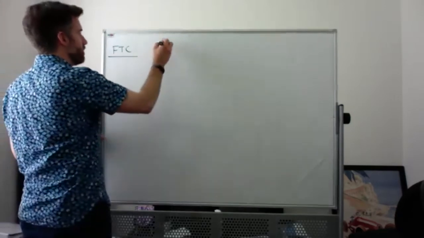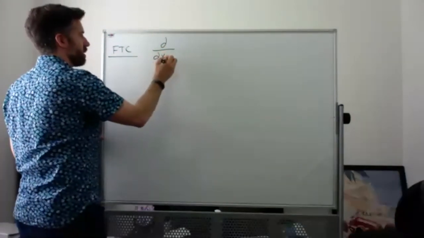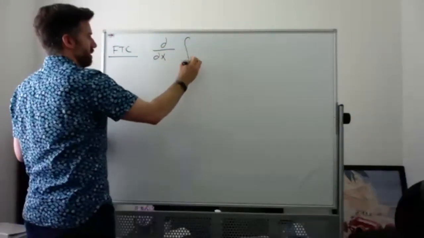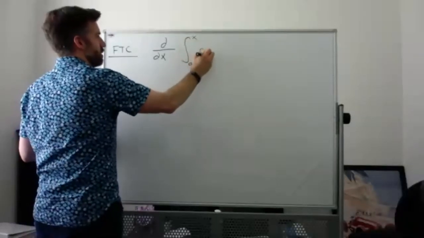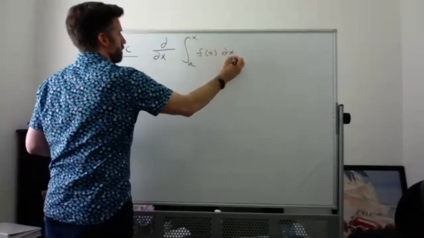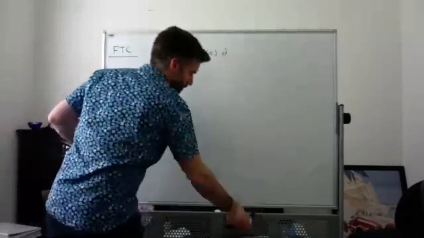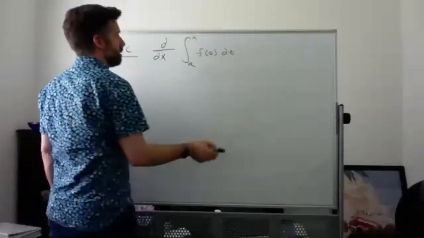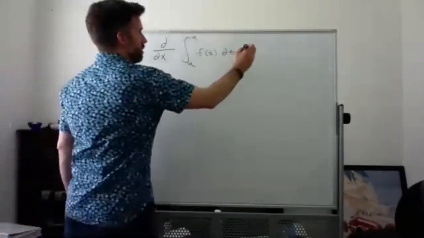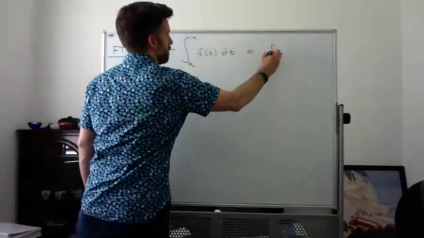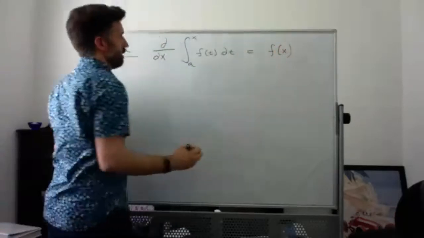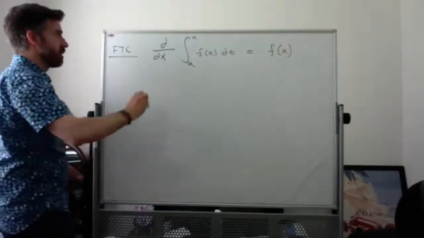They say that the derivative of the antiderivative of the function, sorry, it's a dt, not dx, apologies, is equal to the original function.